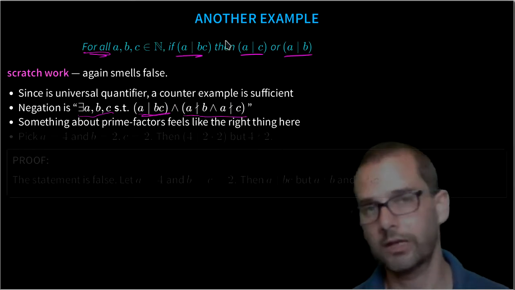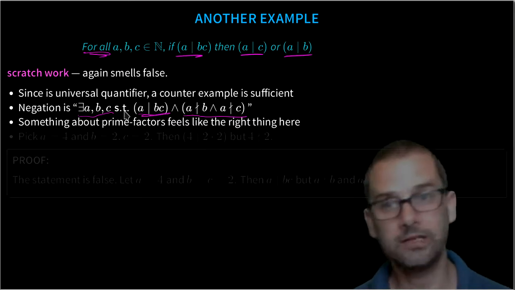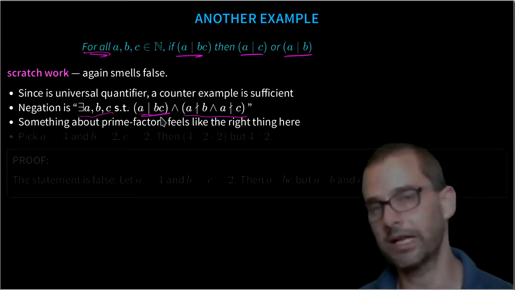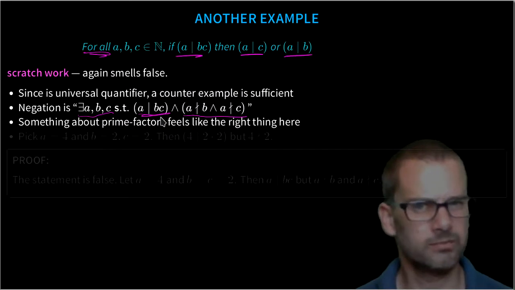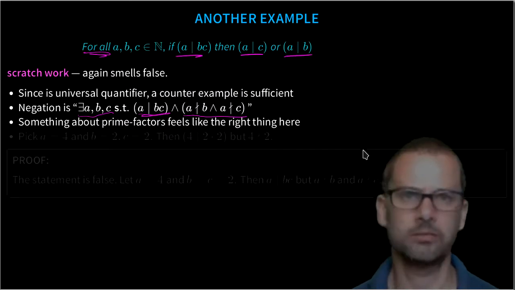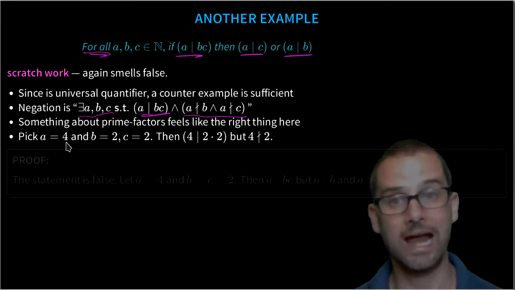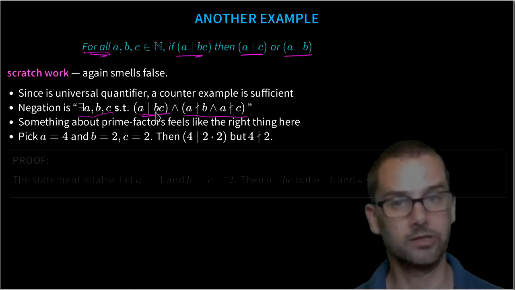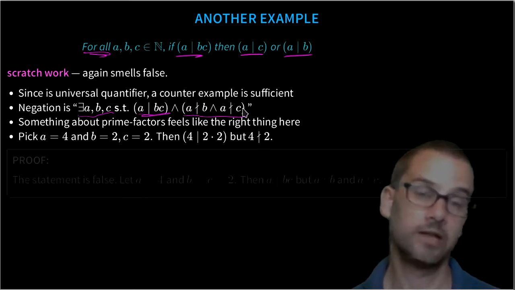So it's very important that we understand how to negate an implication. Because it's "there exists," we just need to find an example of a, b, and c that do this. If we think about it, something about prime factors seems to be the right thing to do here, and we can very quickly come up with an example. We can pick a equals 4, and b and c are 2. Then a divides 2 times 2, but a doesn't divide 2, so a doesn't divide c.